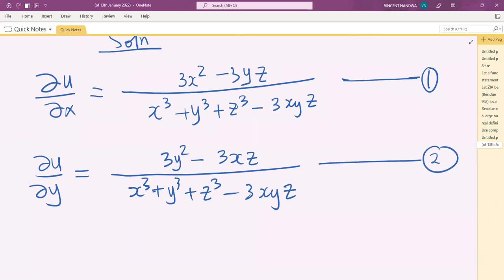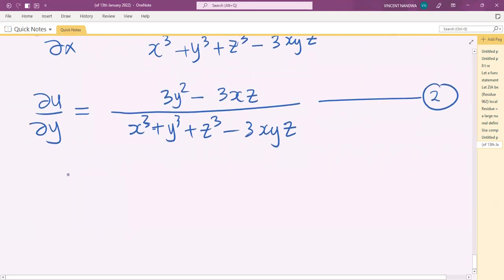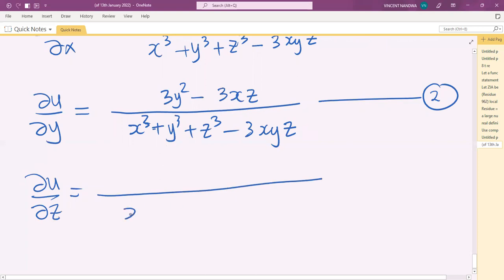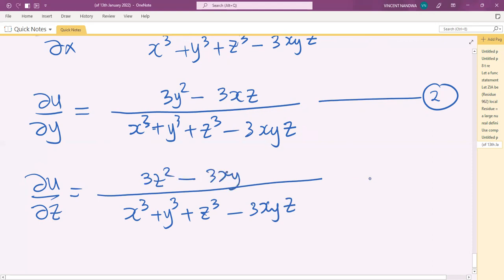And lastly, differentiate that function with respect to z. So partial u, partial z, what is in bracket is written in the denominator. Then differentiate partially with respect to z, so we get 3z squared minus 3xy. The assumption taken here is that you have known how to deal with logarithmic functions in calculus.